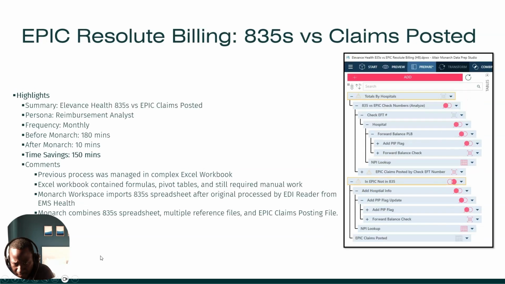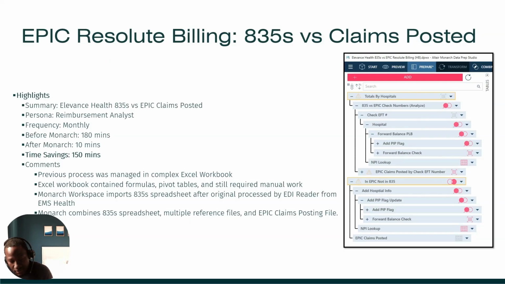Okay. Healthcare. This is one of my favorite healthcare use cases. We were doing some work with a healthcare provider, and the reimbursement analyst had a monthly process that took them 3 hours. What they were tasked with doing was getting what's called an 835, which is basically a confirmation of payments from a healthcare insurance provider.